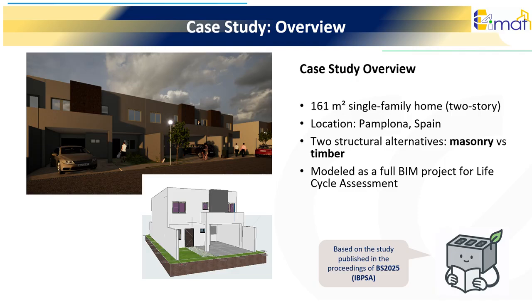We use this example to compare two structural alternatives, masonry and timber, and to explore how each influences the building's environmental performance. The simplicity of the building makes it ideal for teaching, but the study remains sufficiently comprehensive to illustrate the full workflow, from the BIM model through to the LCA results.